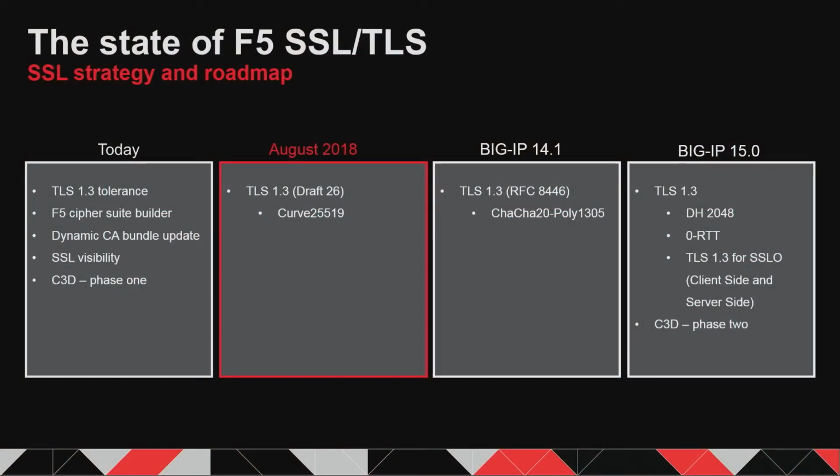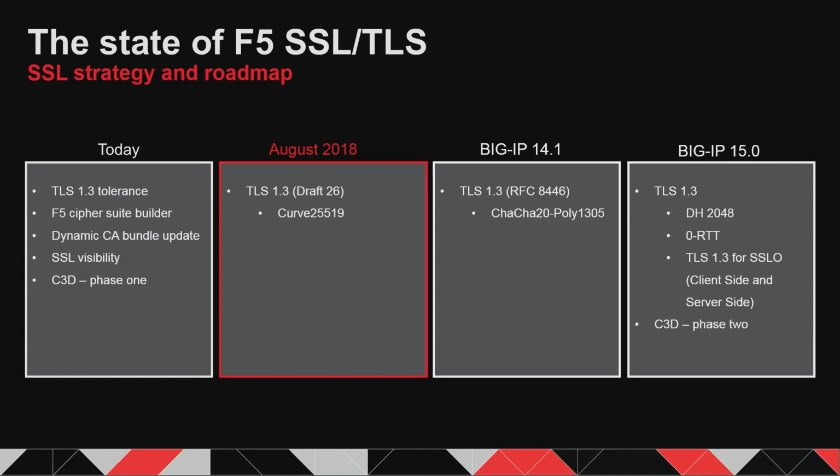I think we talked about this today. We're always trying to be ahead of the curve, especially because we are full proxy. We need to have the best, the latest recommended Cypher supported on both sides of that communication. We have been TLS 1.3 tolerant for a while. The F5 Cypher builder, has anyone in here used that versus the old way where you have to go in and modify your default string and you get it wrong?